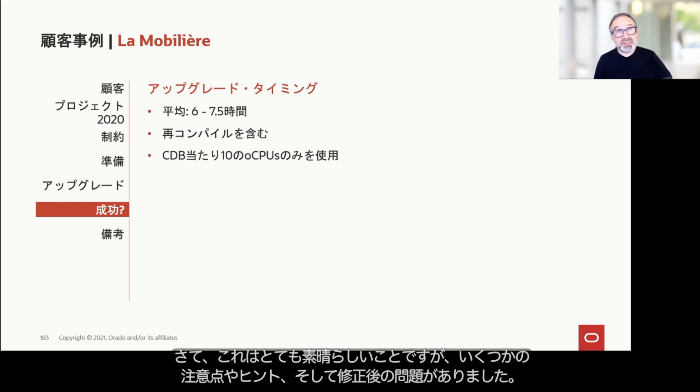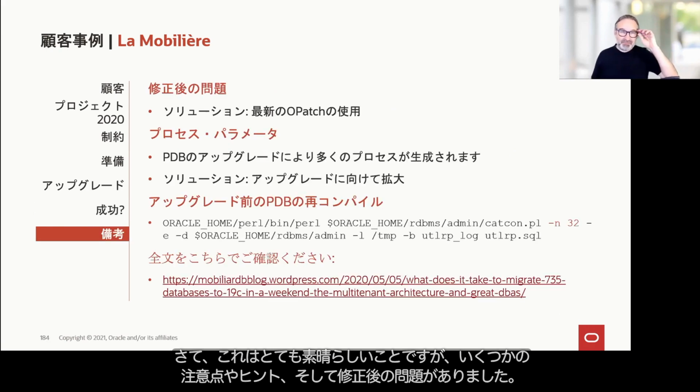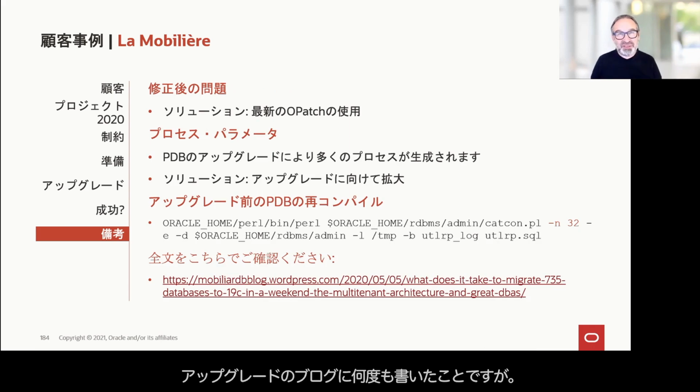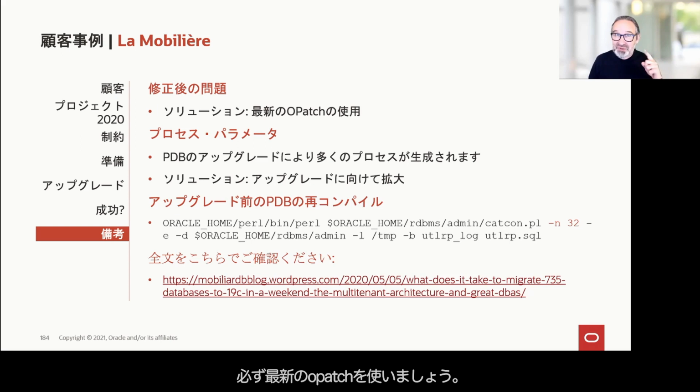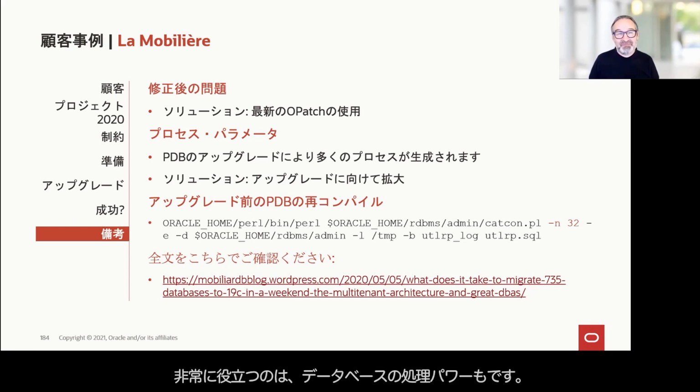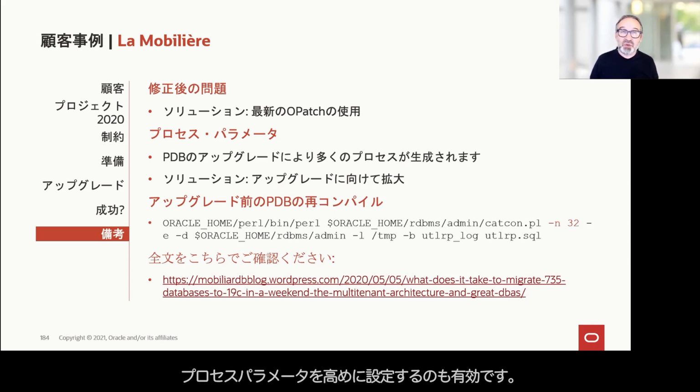And a few remarks, a few tips and tricks and hints. We had one post-fixup issue. And as we wrote on the upgrade blog several times, use the newest OPatch. Very helpful. Then also, as there's a lot of power hammering on the database, it helps to use a higher processes parameter setting.